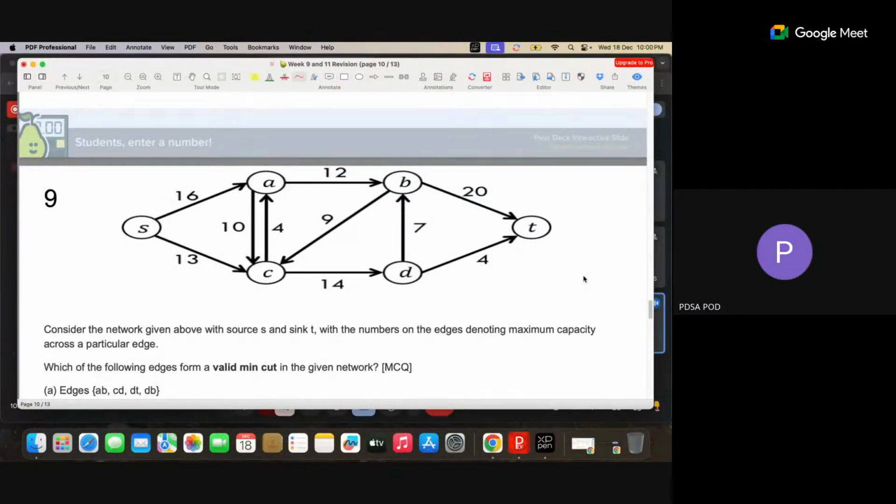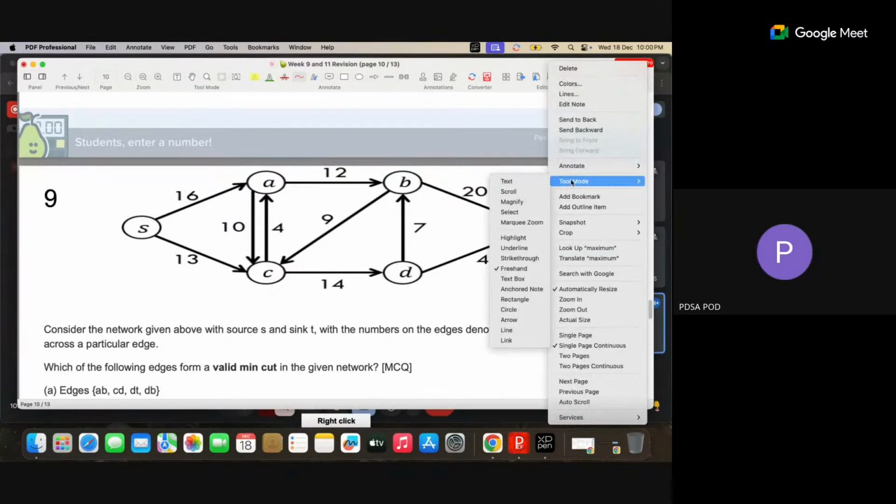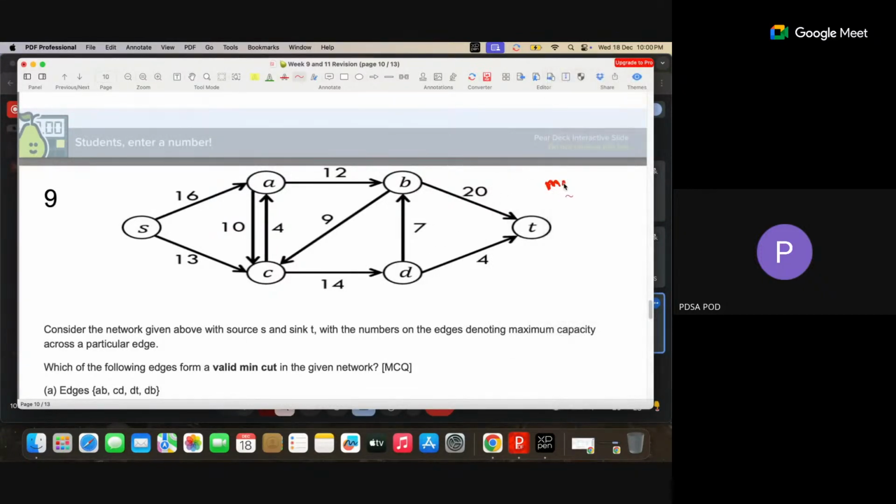Consider the given network, with the source and sink, and a number on each edge denoting the maximum capacity across the edge. Which of the following edges is the minimum cut in the given network? We already got the maximum flow allowed as 23. To find the minimum cut, we need to identify the maximum flow first; directly we cannot find the minimum cut.